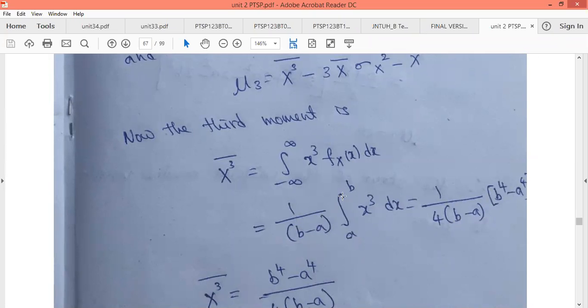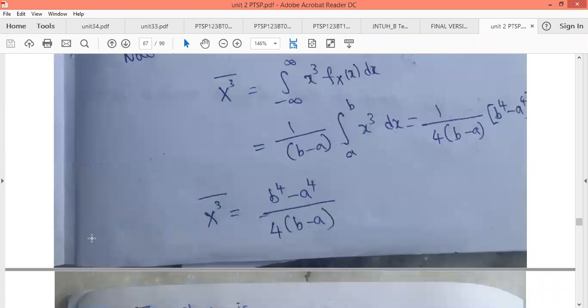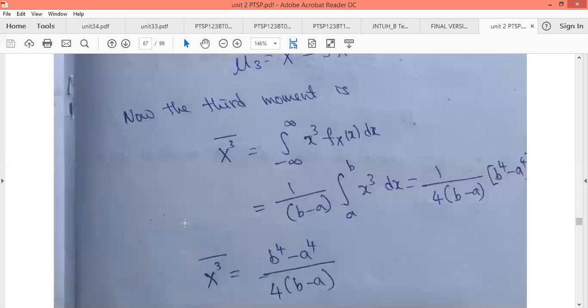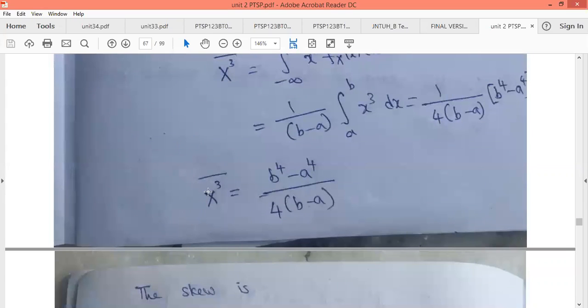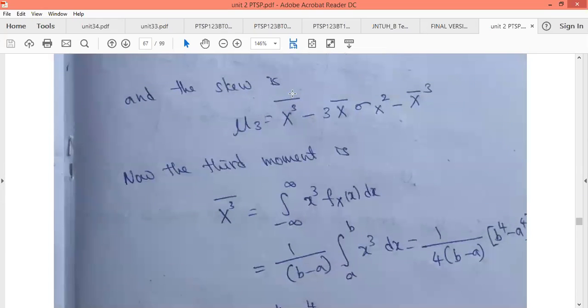After doing this integration and substituting the limits, we got the third moment as x cube bar is equal to (b power 4 minus a power 4) divided by 4(b minus a). Now x bar we know, and sigma x square we also know.